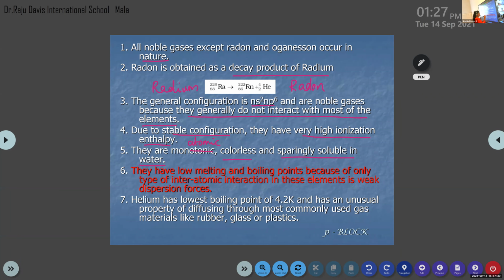Then they have low melting and boiling points because the only type of interatomic interaction in these elements is weak dispersion forces. So the force that exists between these atoms is weak dispersion force.